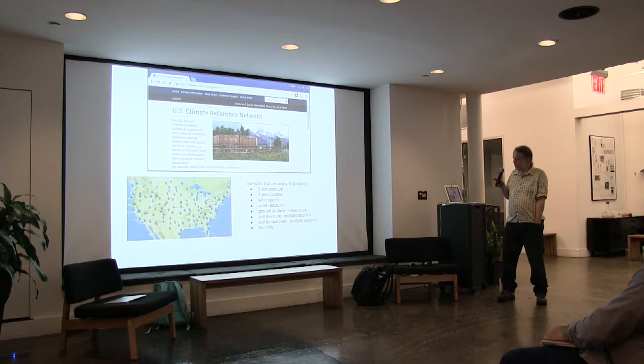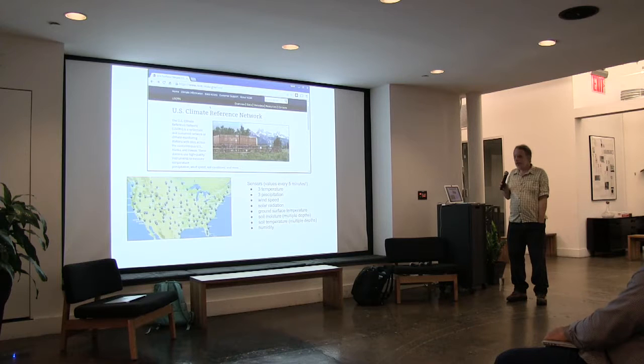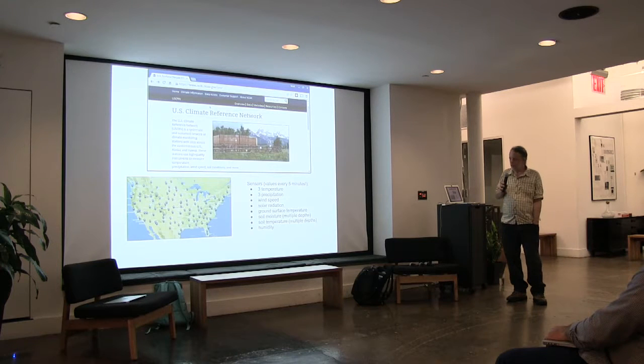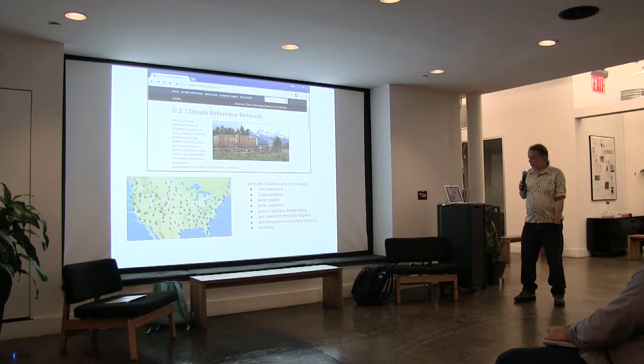So there's not nearly as many of them, but they're highly accurate. They have 3 different temperature sensors, 3 different precipitation sensors. They measure wind speed, solar radiation, which is basically sun brightness, ground temperature, soil moisture, and soil temperature at multiple depths, and humidity, and several other things.